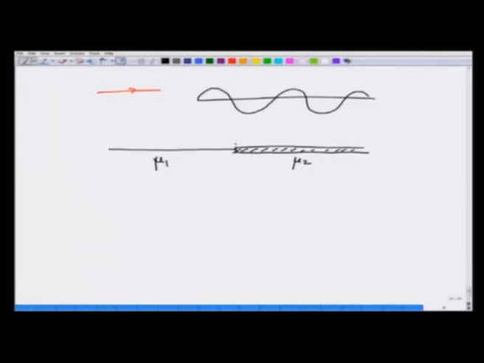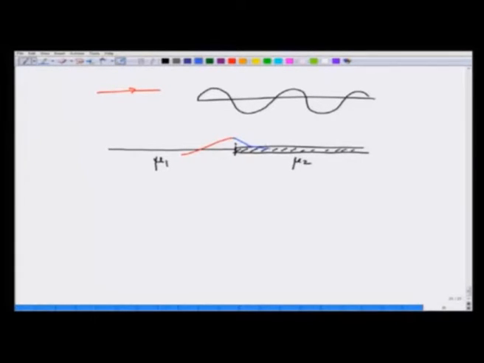Then what happens at this boundary? If there is a wave coming, let us say it meets here, and then on the other side the same wave goes like this.